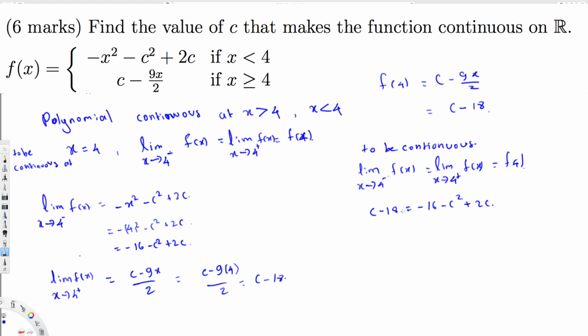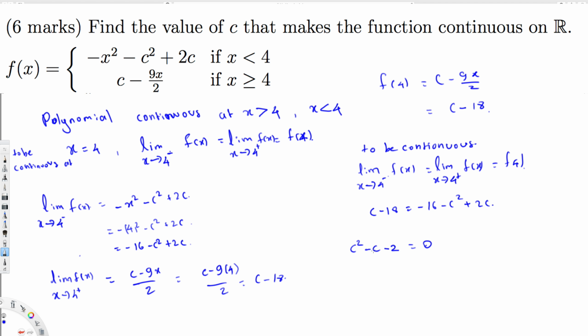2c. If I bring everything to one side, it's going to be c square, and 2c minus 2c plus c is going to be minus c, and if I take this 16 to this side, it's going to be minus 2. Minus 2 is equal to 0.